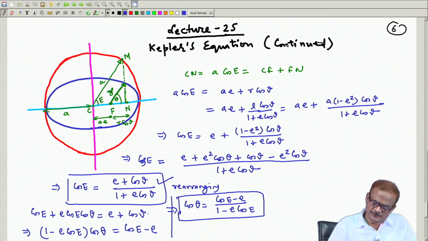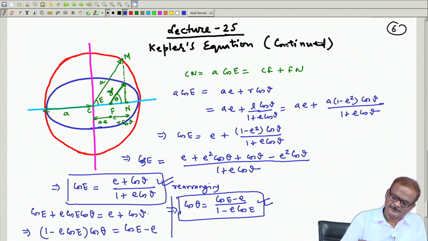So, here this is cos E and this is cos theta, which we have worked out earlier also, but there we used the information that MN divided by PN is in the ratio a by b.